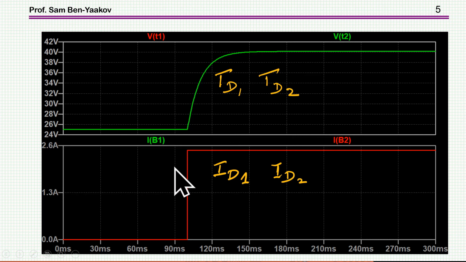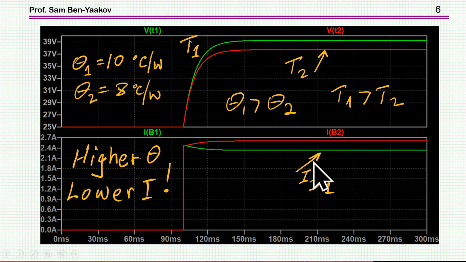And here is what I'm getting. If everything is equal, temperature will be the same for the two diodes. The current will be the same for the two diodes. Everything is okay. However, if I change the thermal resistance so that one of them will be 10 centigrade per watt, the other one 8, I see that there is a deviation.